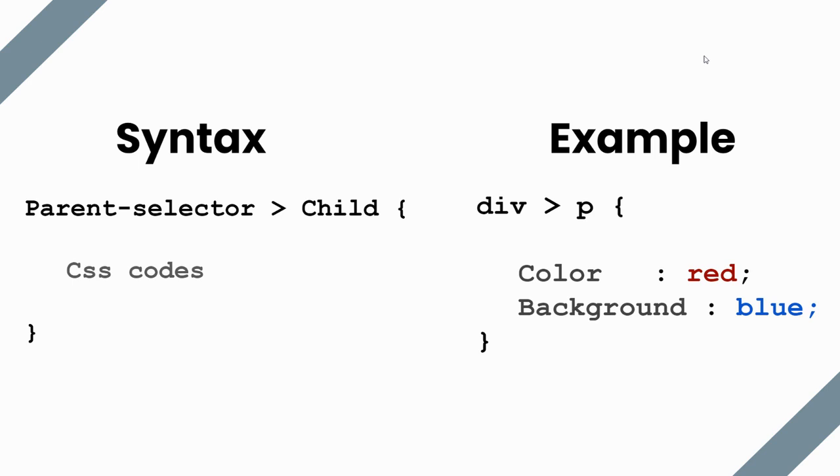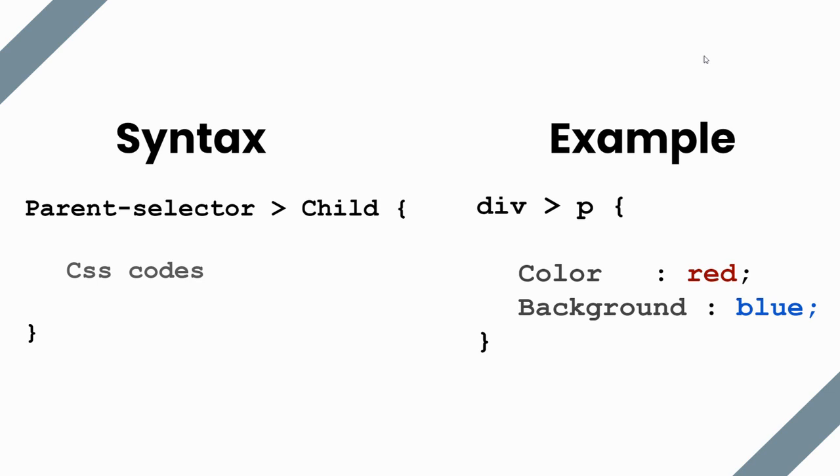In the example, you can see the same thing with reference to the div and the p selector. What this does is that any p element that is immediately within a div tag would get styled using this.